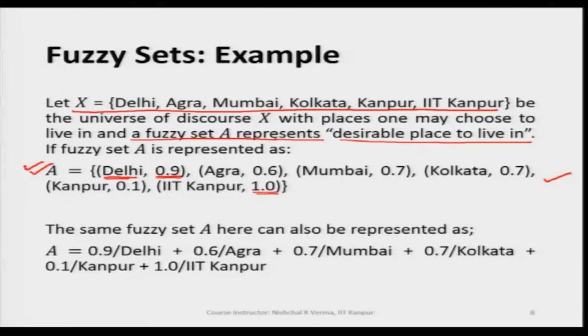So, the same fuzzy set, this is the form which I mentioned before. So, the same fuzzy set A can be written as A is equal to 0.9 oblique or slanted line Delhi plus 0.6 oblique Agra plus 0.7 oblique Mumbai plus 0.7 oblique Kolkata plus 0.1 oblique Kanpur plus 1.0 oblique IIT Kanpur.